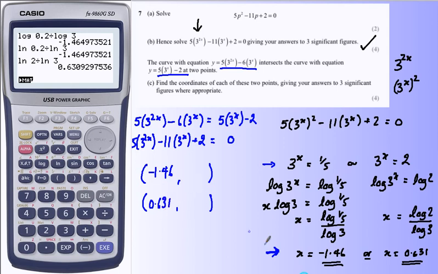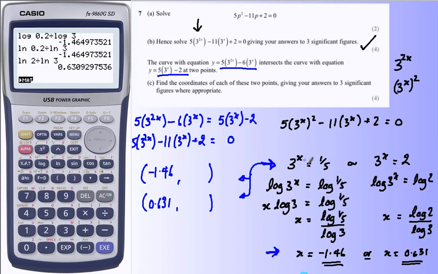And the y coordinates, well, I could take these and put them back into here. Unfortunately, I've already rounded these, so what I'm going to do is go back to this one, where I know what 3 to the power x is, and I'm going to use those to put it in.